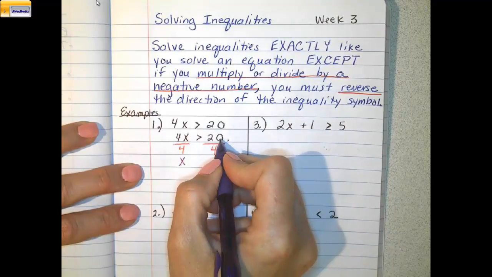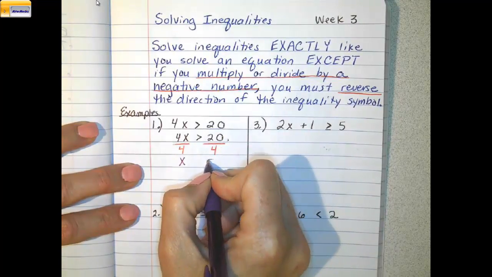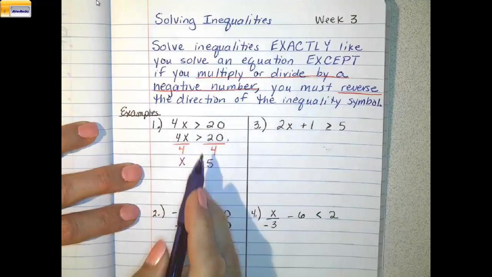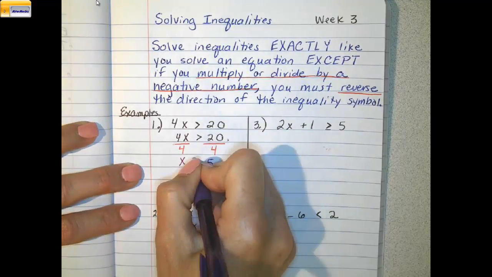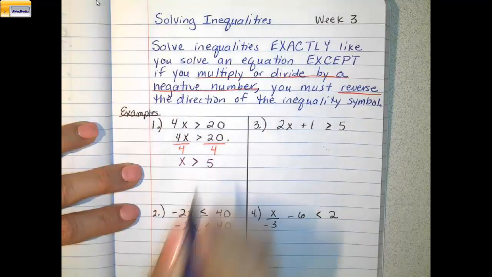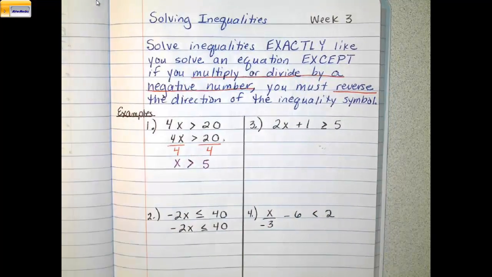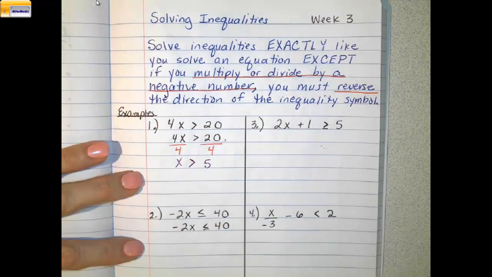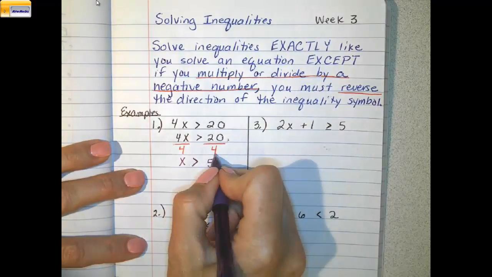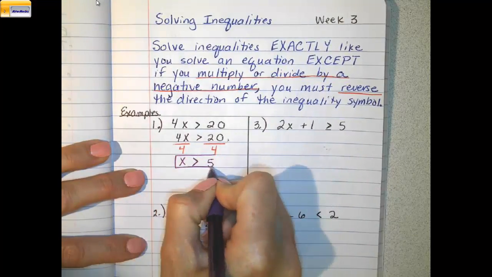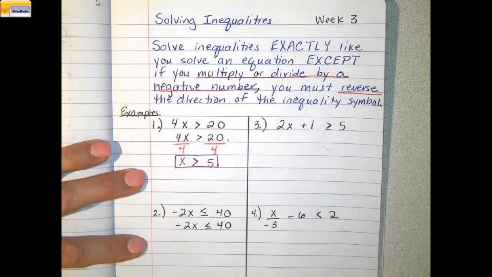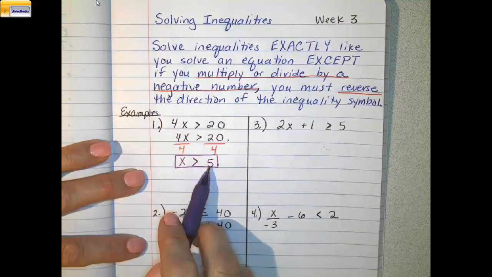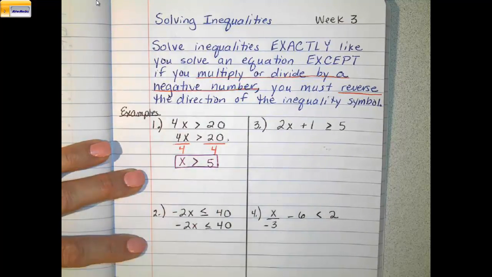I'd have 20 divided by 4 on this side, which is 5, and I'm going to keep the inequality symbol just as it is, because I have not multiplied or divided by a negative number. So my solution in this case is that x is greater than 5. That means x can be 6, it can be 7, it can be 1,000,000, it can be any number that's larger than 5, but not including 5.